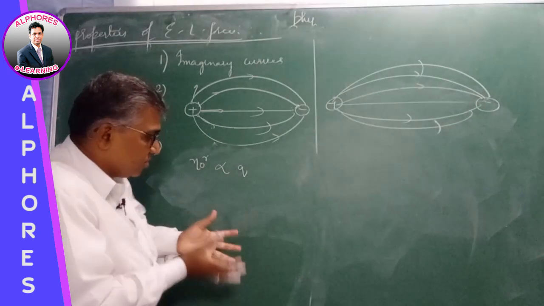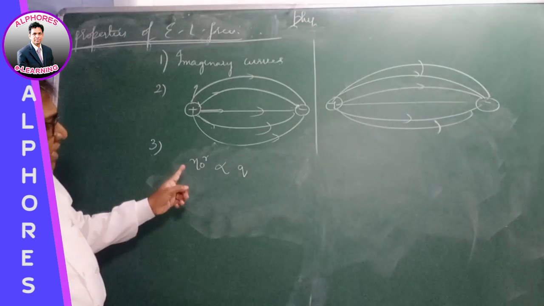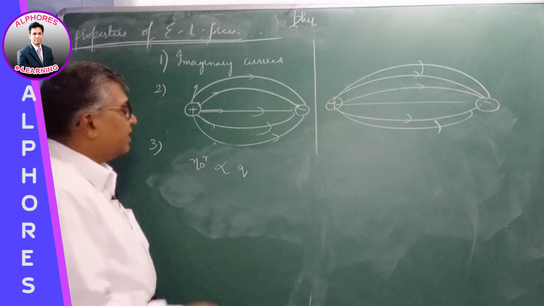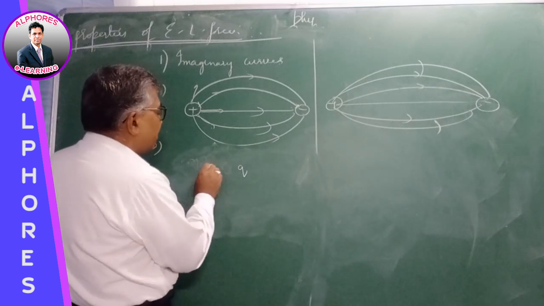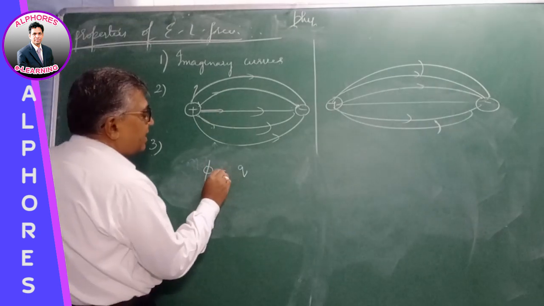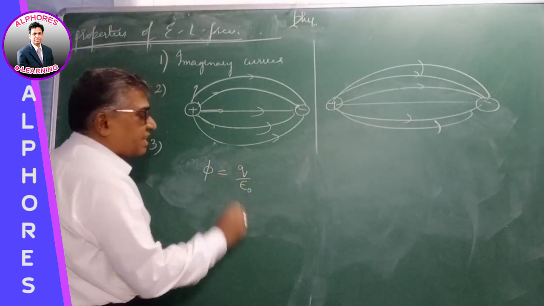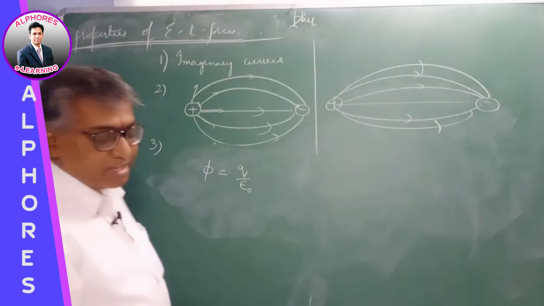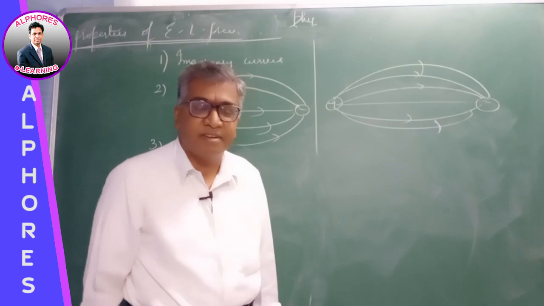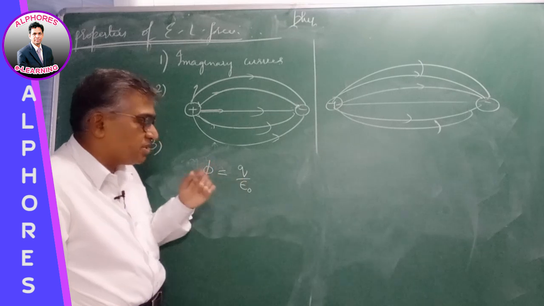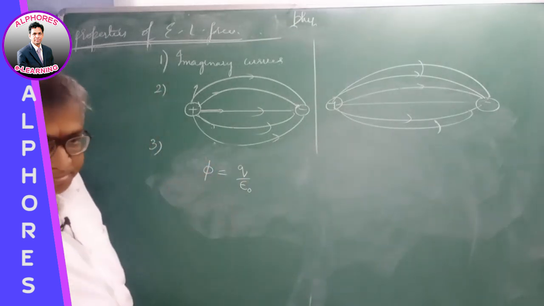In fact, the total number of lines of force emerging from an enclosed boundary is equal to Q by epsilon naught, as stated by Gauss's law.